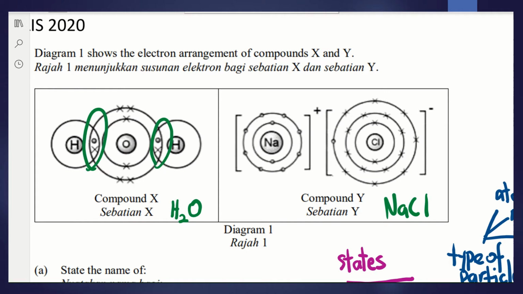Transfer of electrons will form positive or negative charged ions, which are shown here. So compound X is a covalent compound while compound Y is an ionic compound. Let's discuss in detail the formation of both covalent and ionic compounds.